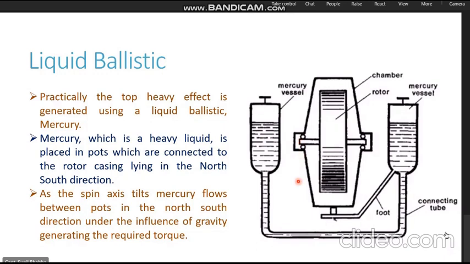The same effect was generated in the top heavy arrangement. A downward force was generated on the south end. The gyro was spinning anti-clockwise, seen from the south end, and this generated a westerly precession in the north end of the spin axis. So is that clear, beta?